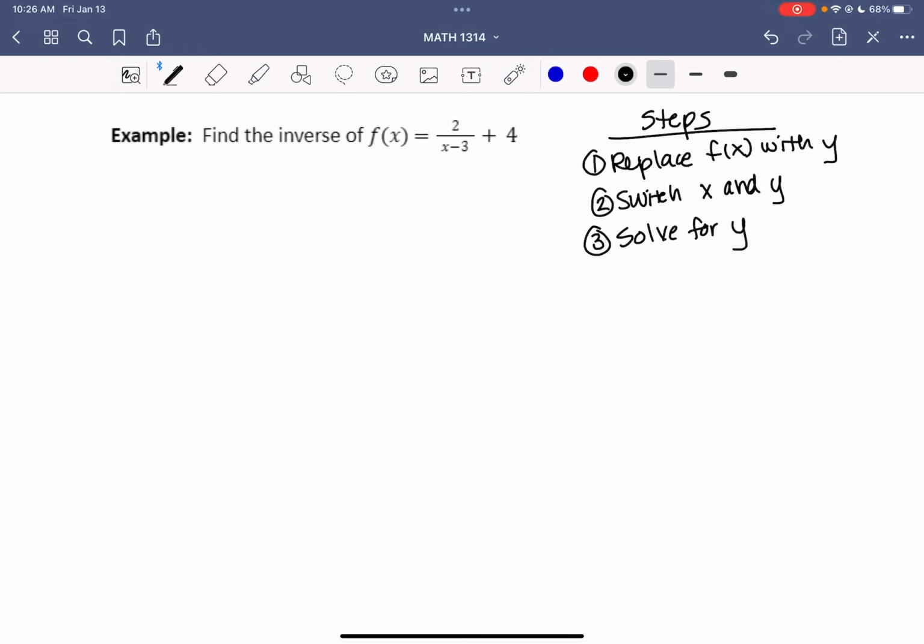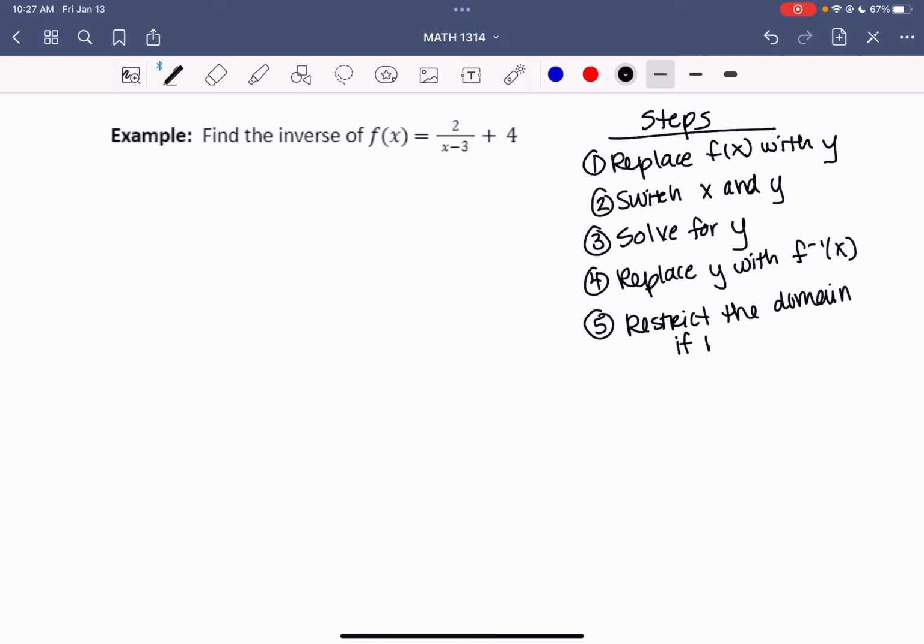Step number 3, you're going to solve for y. Number 4, you want to replace y with f inverse of x. And then step number 5, restrict the domain if necessary. So that's going to be our 5 steps as we work through this.